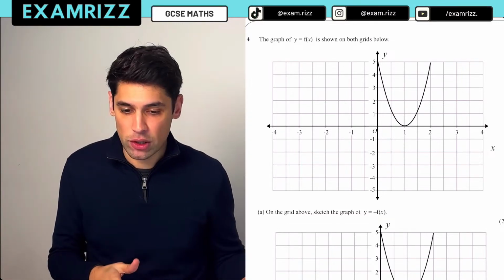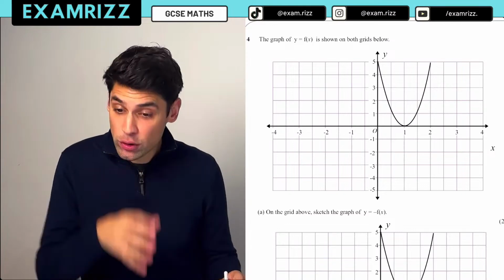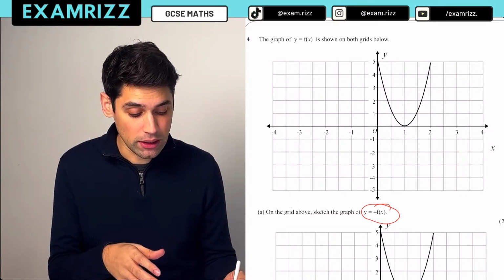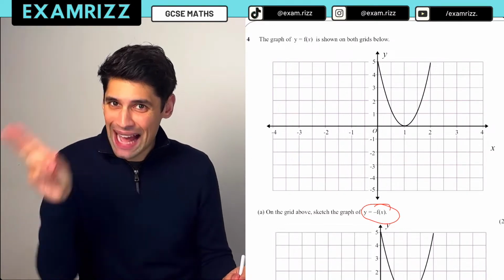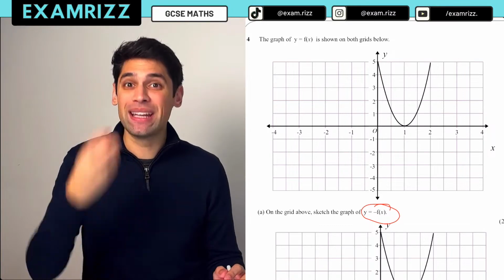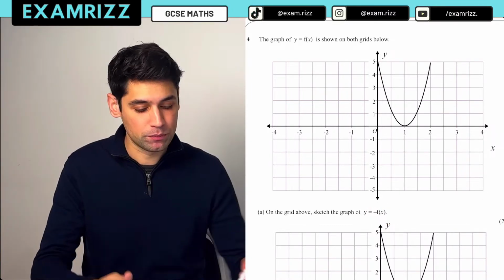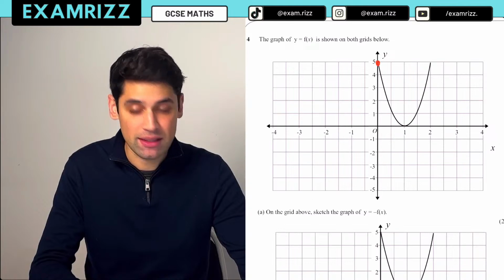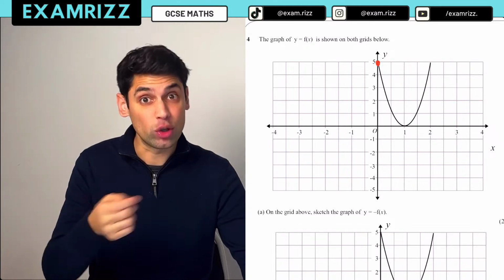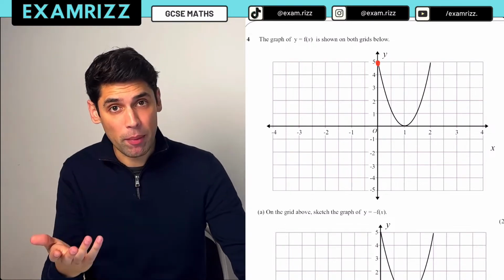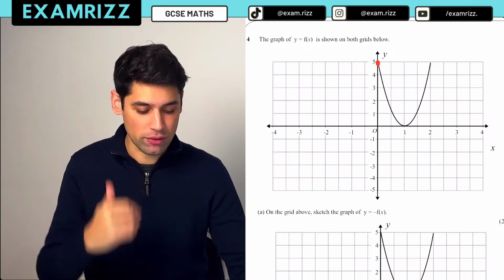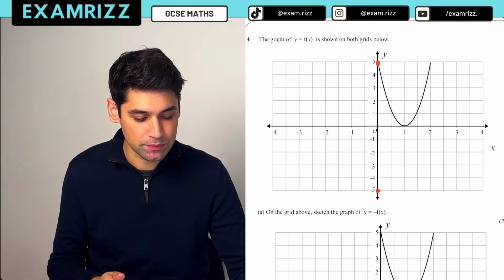So let's have a look at the transformation. It is a y transformation, as we can see, because the change is on the outside. It's a negative, meaning all the y coordinates are going to be multiplied by -1. If we take this coordinate up here, that's 0, 5, the y coordinate being 5. When you times that by -1, it becomes 0, -5. So that gets reflected down here.